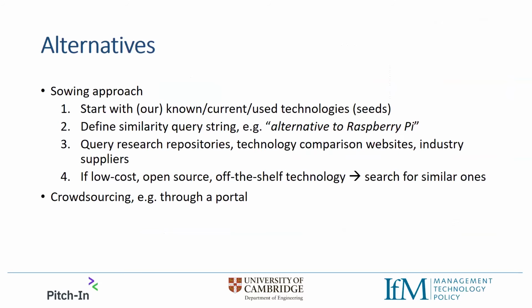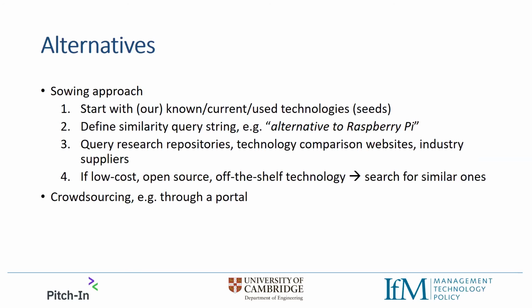Other kind of bespoke approaches that we are using is starting with known or current technologies that we know, and then looking at alternatives of them. With those alternatives, we then do different queries to repositories or technology comparison websites or industry suppliers.